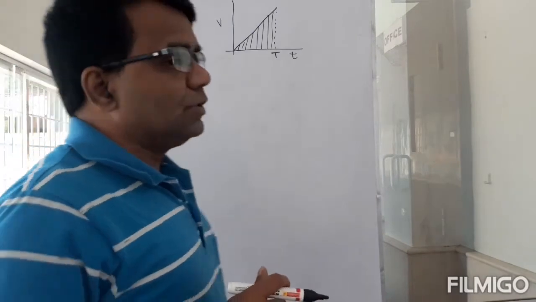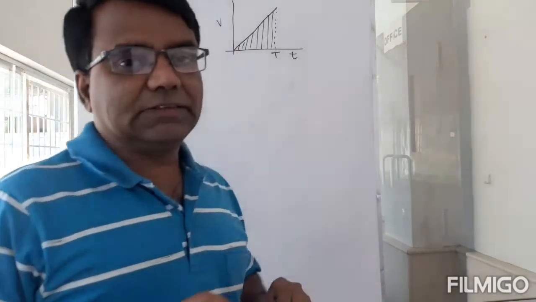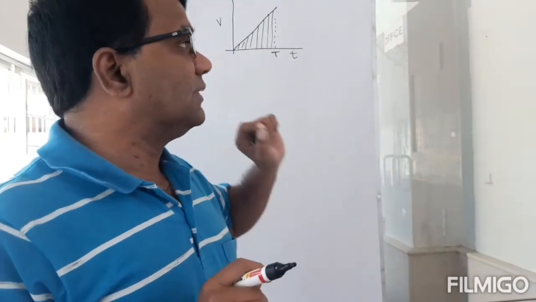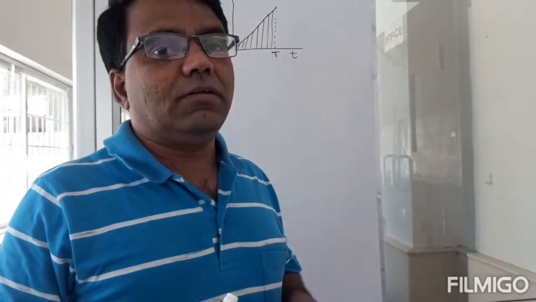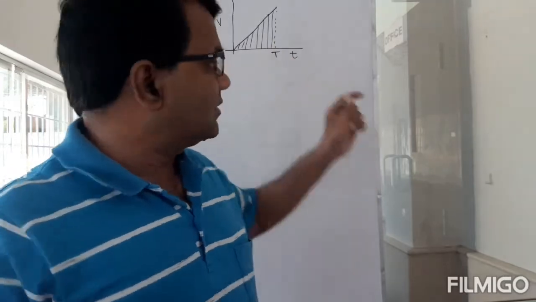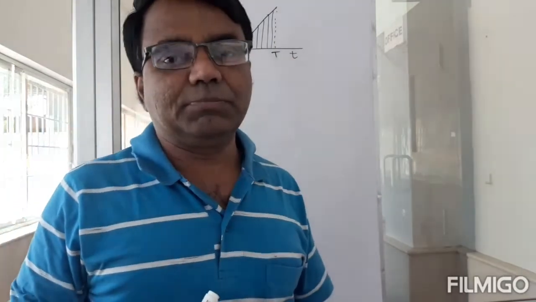So this is what one guy does. This guy starts from a speed of 0 and then reaches E road by constantly increasing his speed. And it takes a certain time to reach that place.